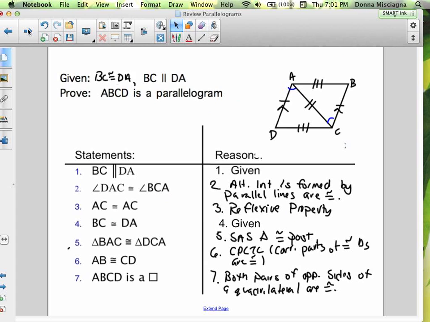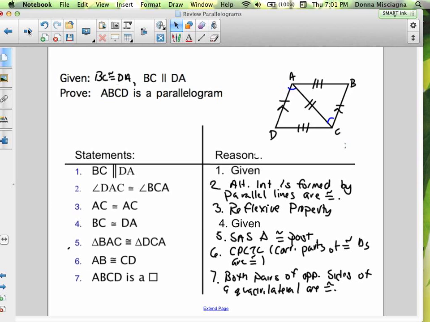So, in other words, one time we proved that if we had both pairs of opposite sides of a quadrilateral congruent, that would prove that the figure was a parallelogram. We also proved that if one pair of opposite sides was both congruent and parallel, that would be a parallelogram.